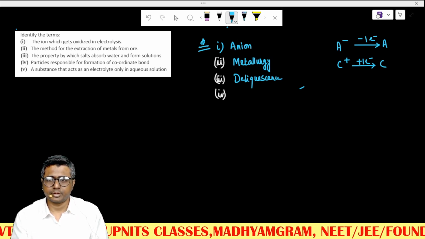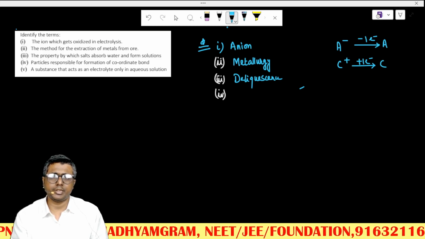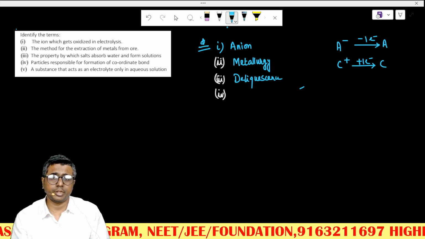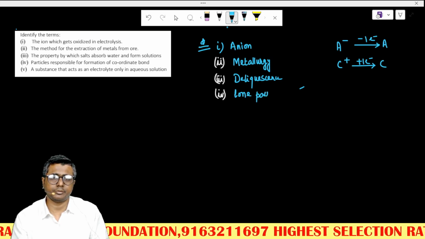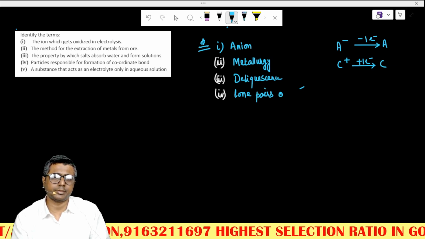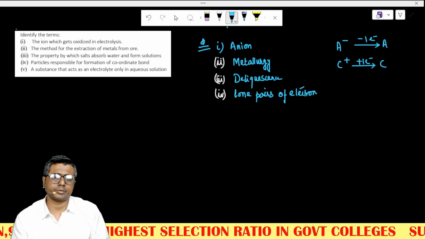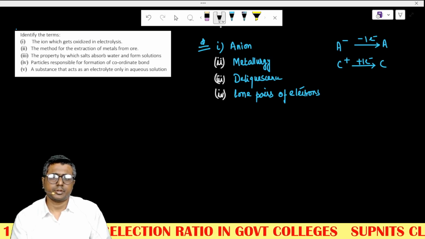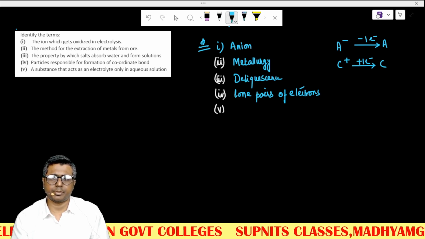Number 4. Particles responsible for the formation of a coordinate bond are lone pairs of electrons. You will write completely: lone pairs of electrons. Number 5.